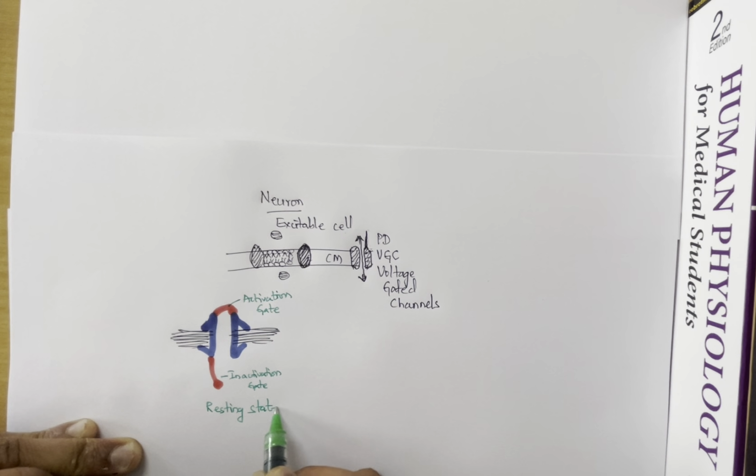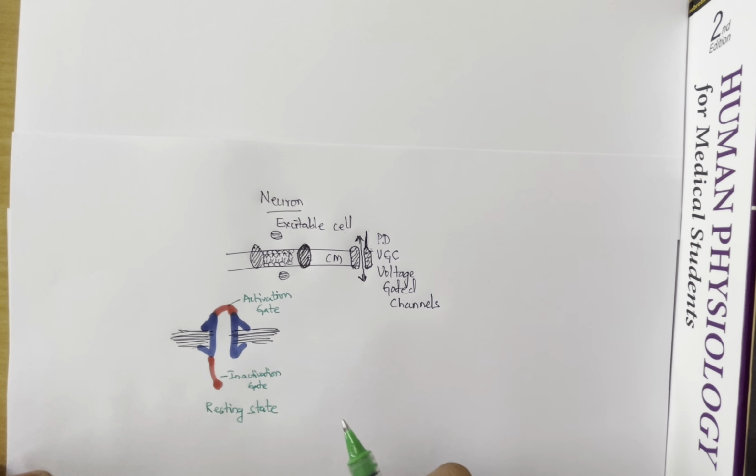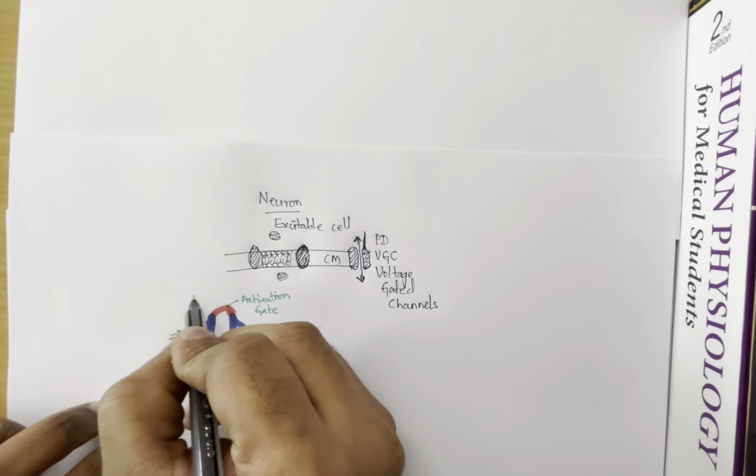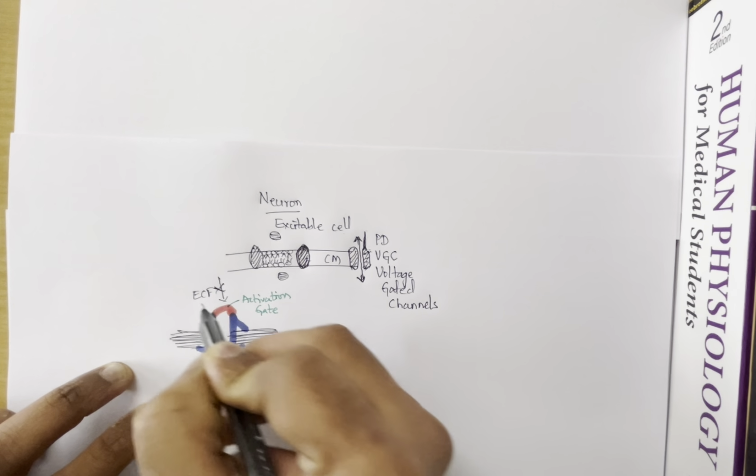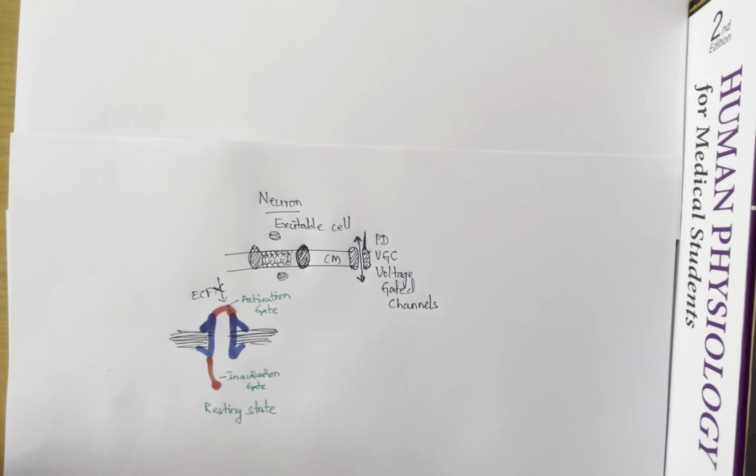So at resting state, do you think there is permeability for ions across this voltage gated sodium ion channel? No. The sodium, which is more in concentration outside the cell in the ECF, cannot enter the cell across this voltage gated sodium ion channel because the activation gate is closed.